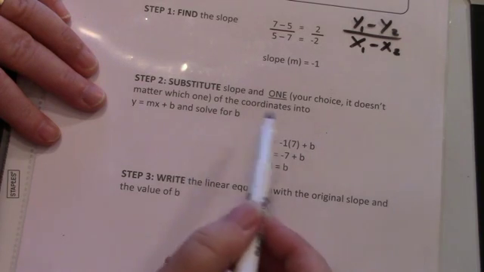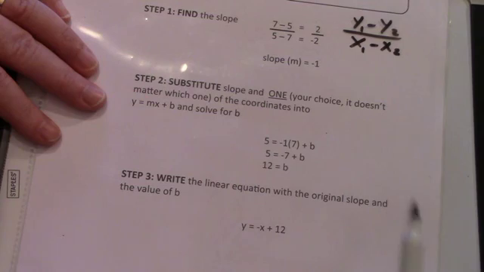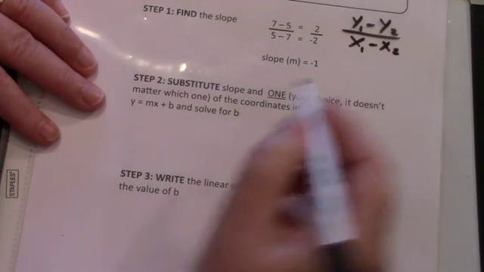So now that we know our slope, we can choose one of the coordinates that we've been given. It doesn't matter which one, as long as we're substituting in the information in the right places. So if we have an equation with these coordinates above, and now we have our slope, let's take a look.